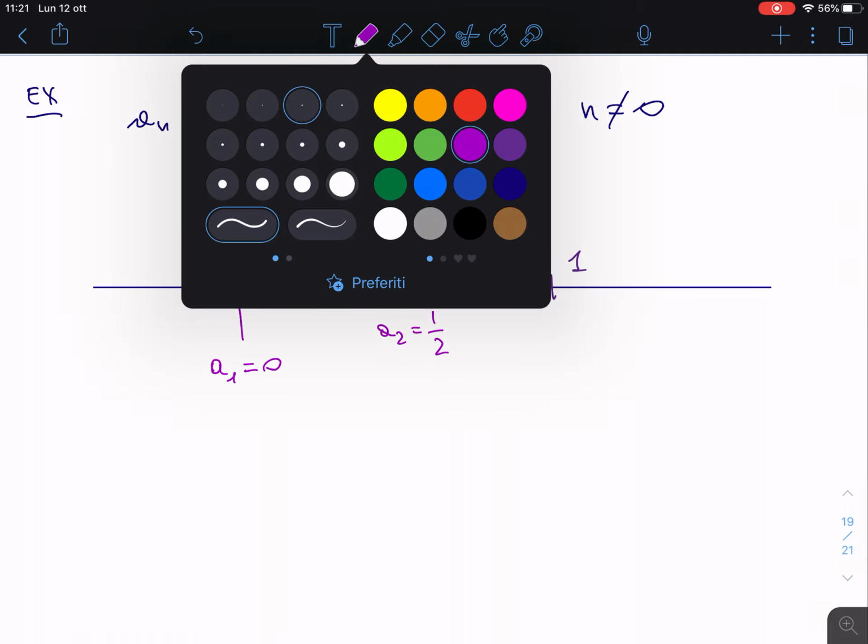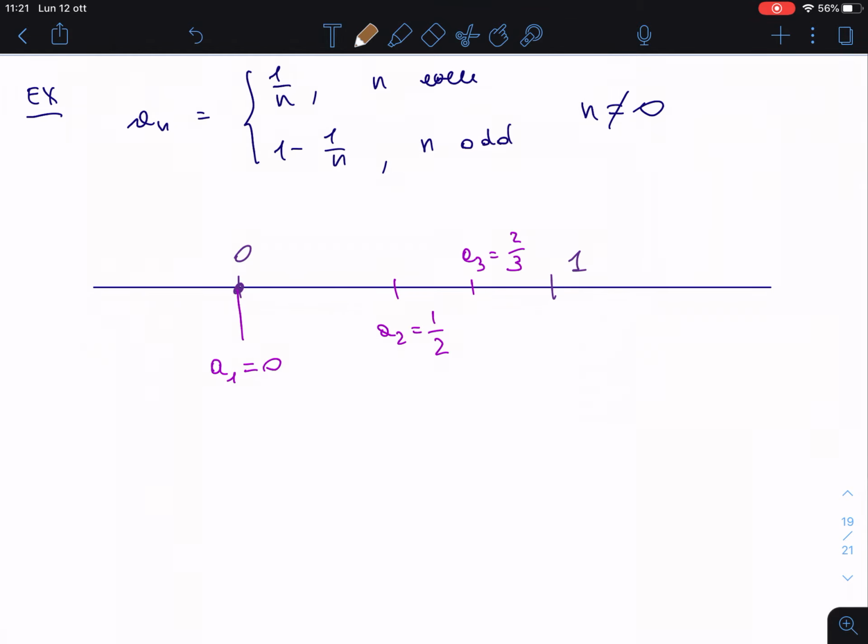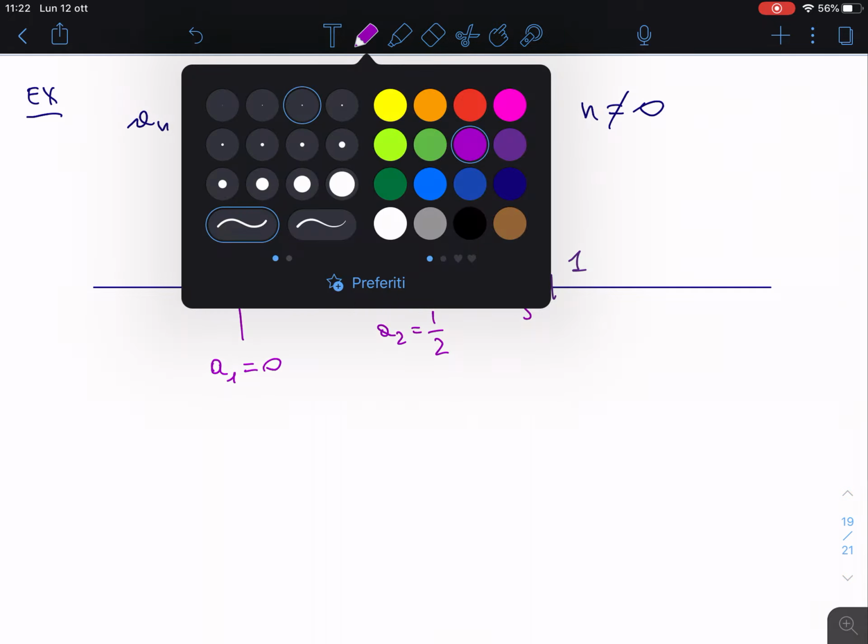The even ones I do in brown. a5 is 1 minus 1/5, which is 4/5. a6 is 1 over 6.